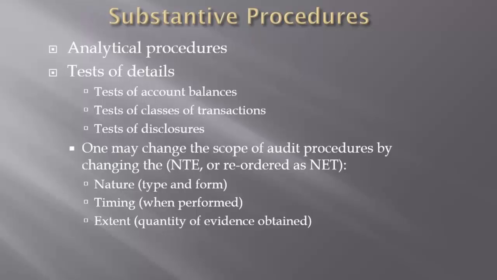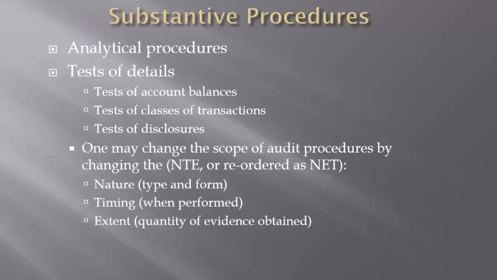As an example, considering the allowance for doubtful accounts balance, testing this through analytical procedures is, frankly, probably the best way that we want to do this. Then we're looking at test of details: account balances, transactions, and disclosures. And again, we're looking at this from the perspective of measuring monetary misstatement.